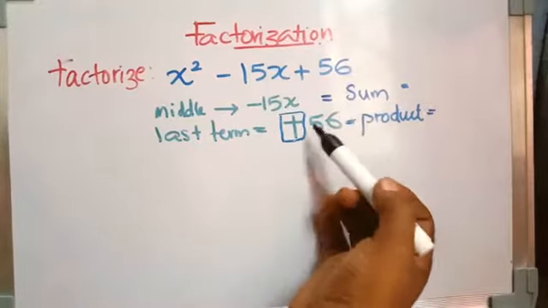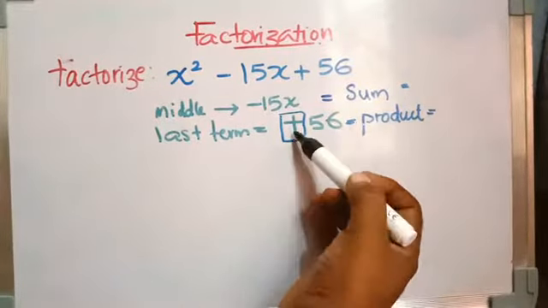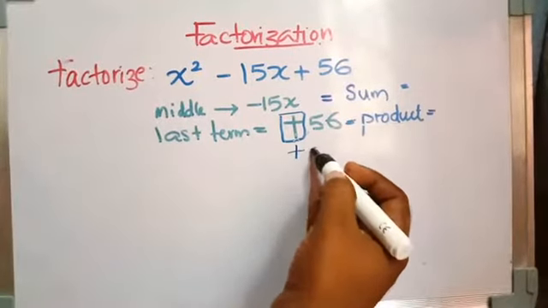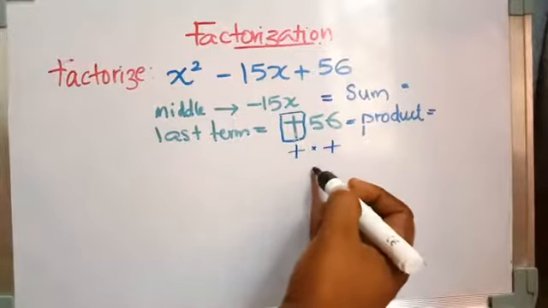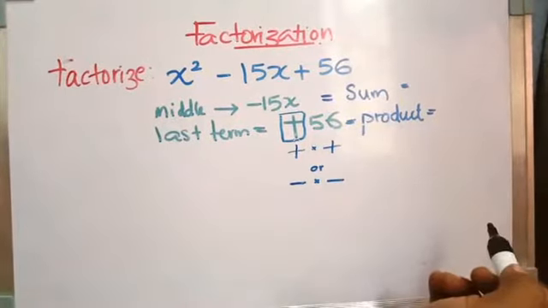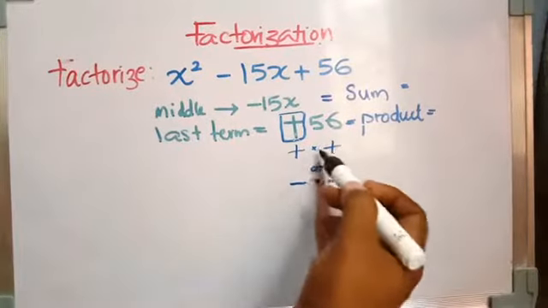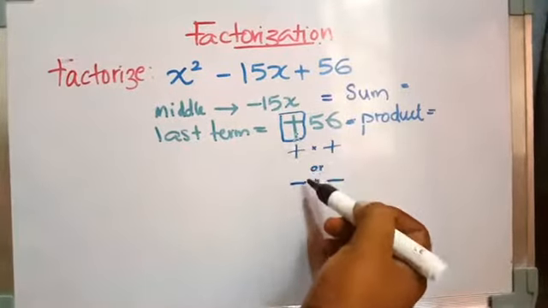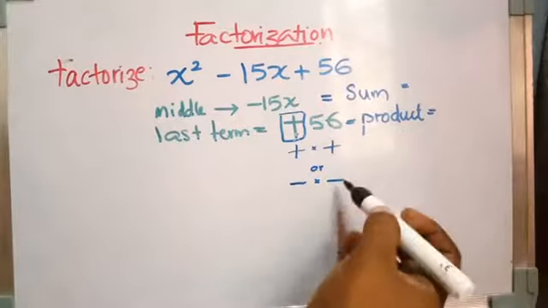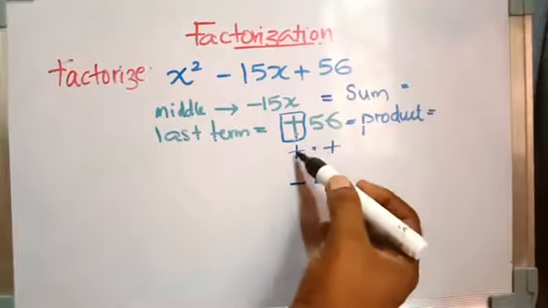If the product has a sign of plus, you know that is formed by either plus into plus or minus into minus. Plus into plus is plus, minus into minus is also plus. In both the cases we are multiplying the same sign.